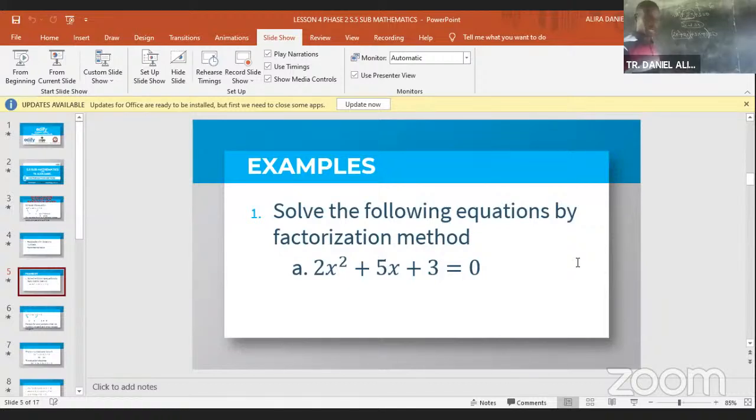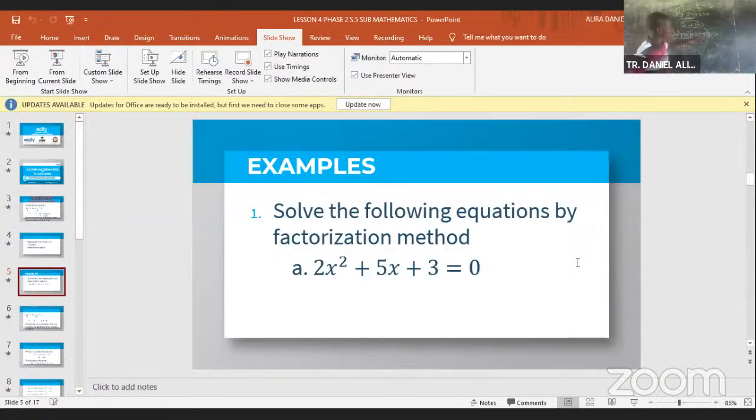Very good. The common factor here is 2x. If I remove 2x from 2x squared, I remain with only x. Plus, if I remove 2x from 2x, I remain with only 1. Good. That is for that.